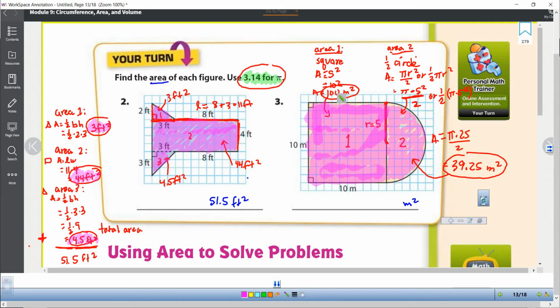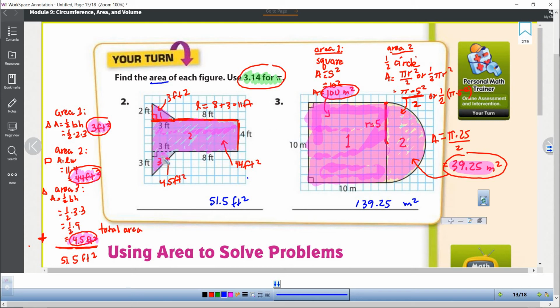The area of this part was 100, right? And the area of that is 39.25. And I hope you don't need a calculator to add those two together. You get 139.25 meters squared. All right. Okay, so there's the area of 2 composite figures.